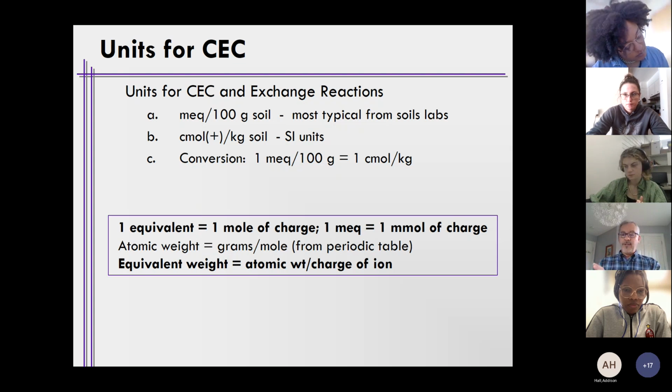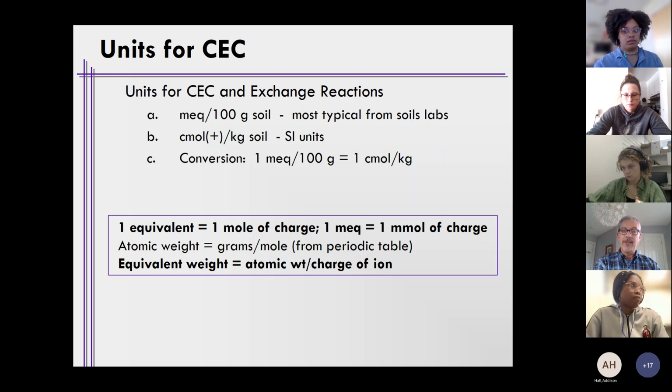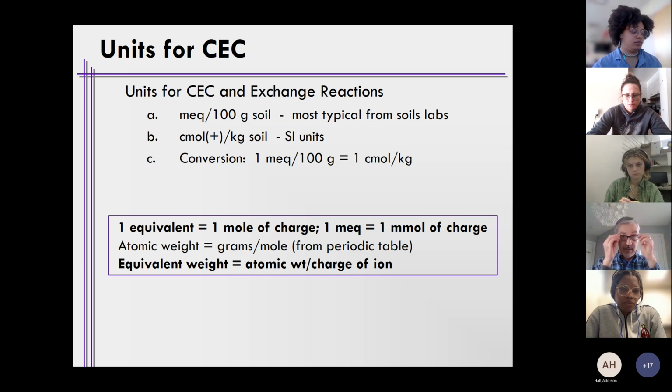Before we get into all these details, the reason why we express charge or cation exchange capacity in milliequivalents per 100 grams, or on a charge basis, is because a soil can have 100 negative charges. I'll make up an example here. A soil can have 100 negative charges, and those 100 negative charges can be satisfied by 100 hydrogen ions. Those 100 negative charges can be satisfied by 50 calcium ions.